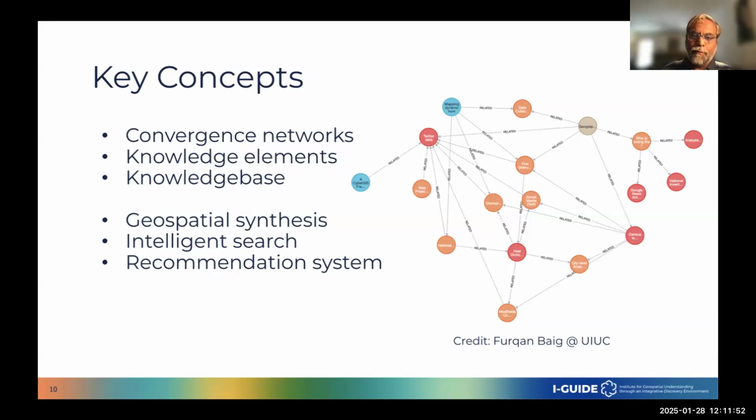So with this platform, what we are doing is we are putting all these things together. So we could make intelligent searches. We could make recommendations. We could see the connected knowledge networks that you have contributed to, and you are able to find and discover things that you might otherwise not have been able to.